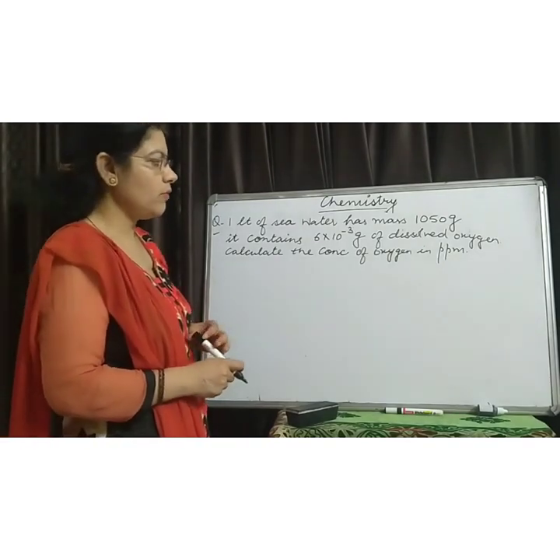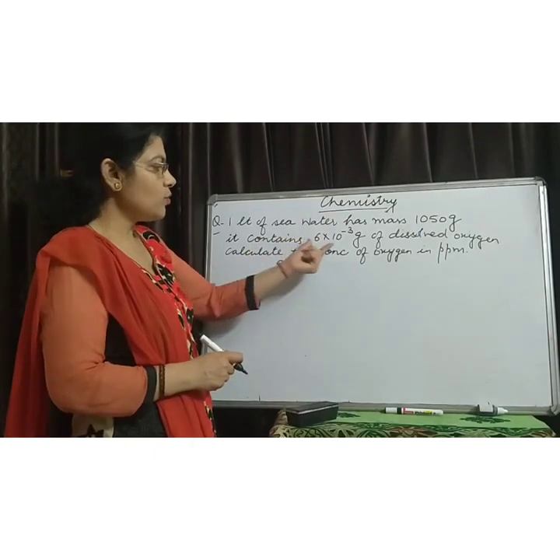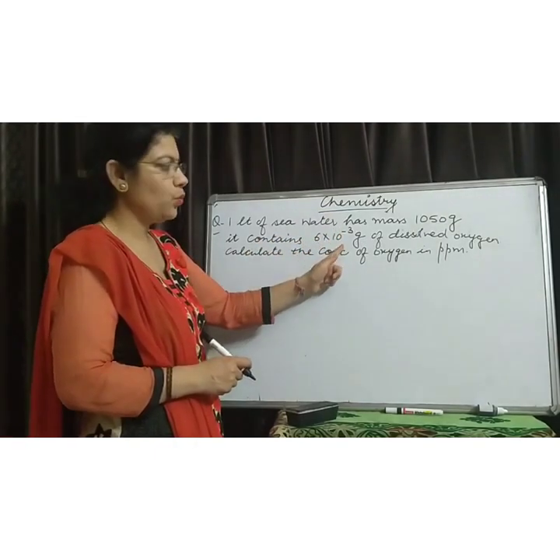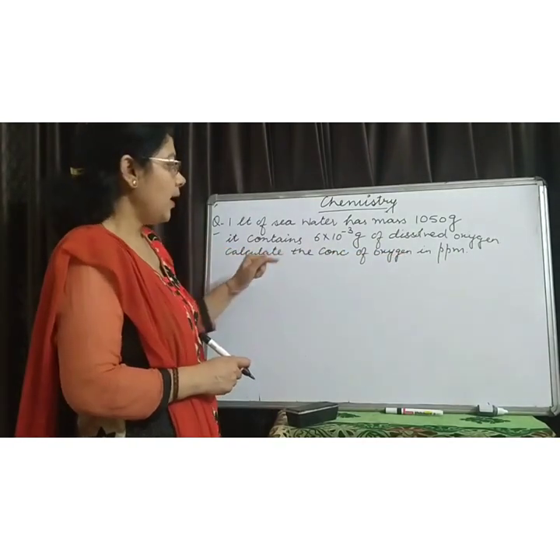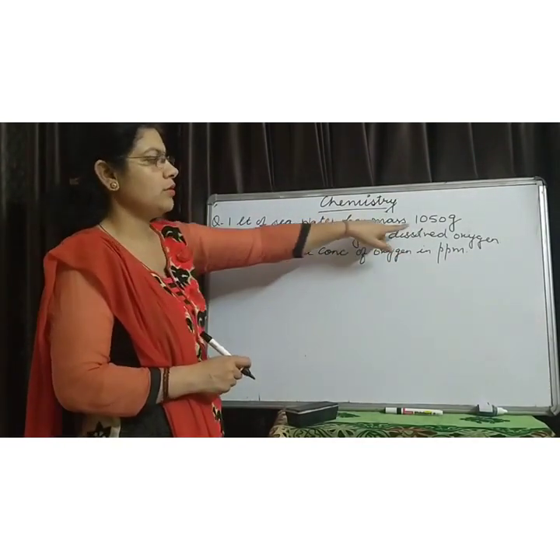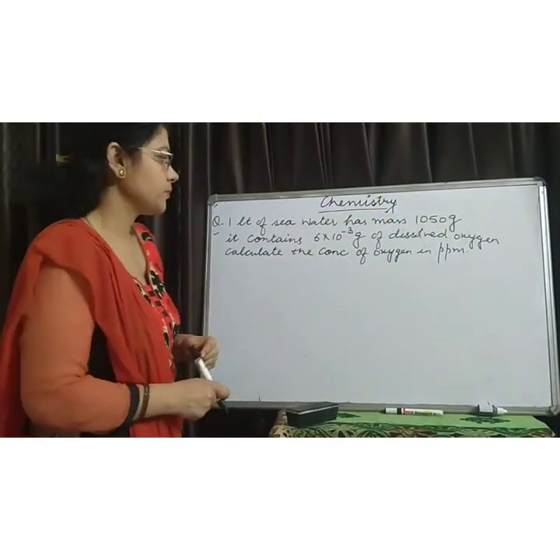How do we solve this question? In this question, the mass of the solute, which is oxygen, is 6 into 10 raised to power minus 3, and the mass of the solution is 1050 gram.